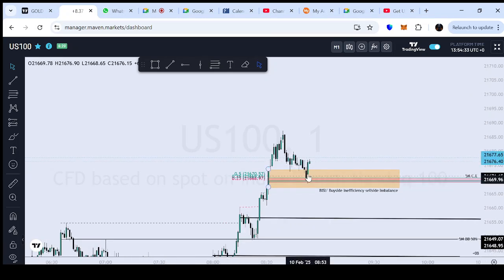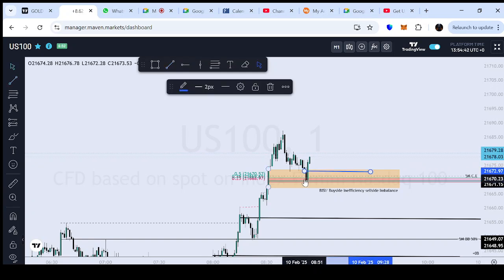Looking at the last close candle now, this order block is the last bearish close candle after price traded above the consequent encroachment of the fair value gap BC. That's the last bearish close candle.